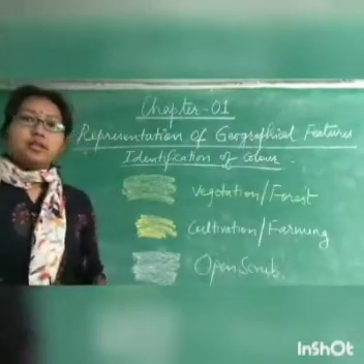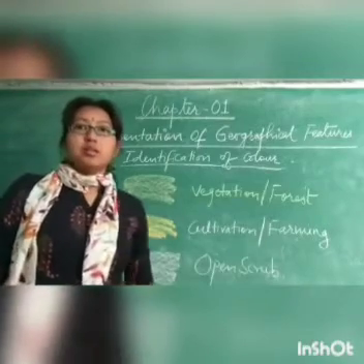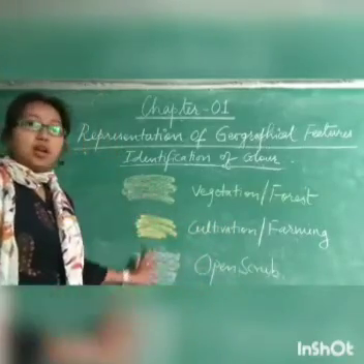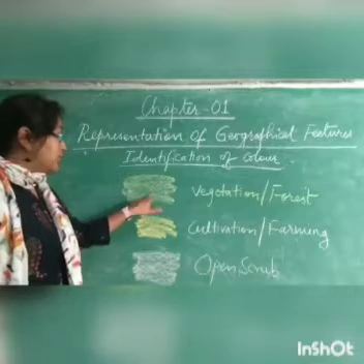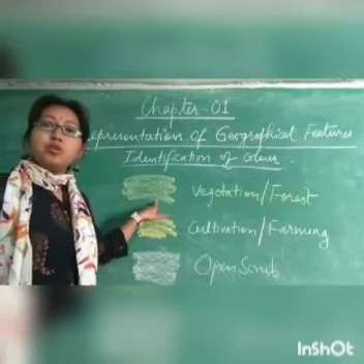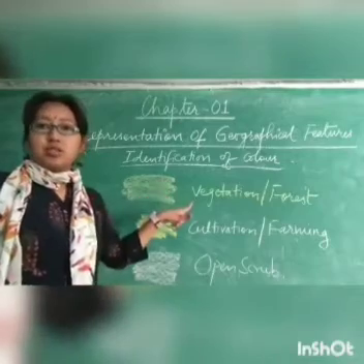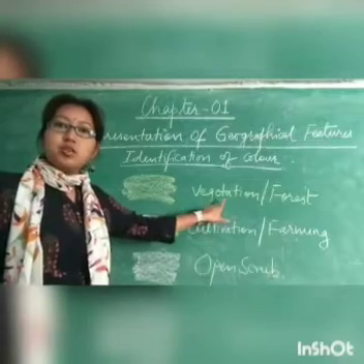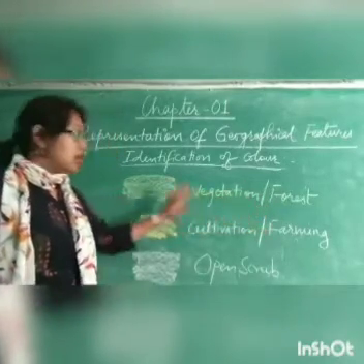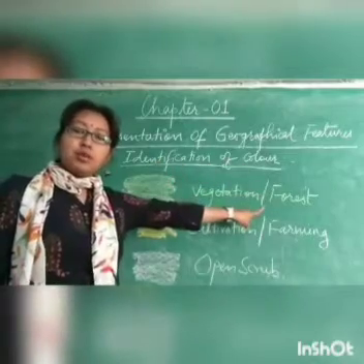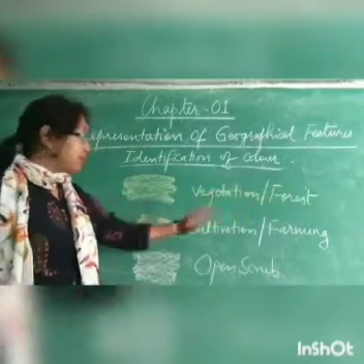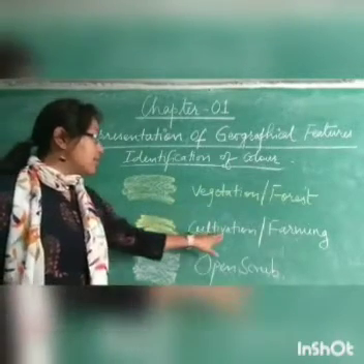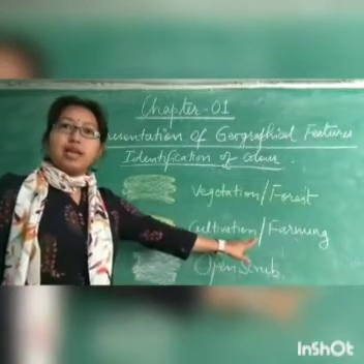Okay, next topic is identification of color. Identification of color in a topographical map is very, very important, right? Here are the three colors I have drawn on the board. The first color is green. Wherever you find a green patch on the topographical map, that shows vegetation or forest. Second, yellow wash, that represents cultivation, farming, agriculture.